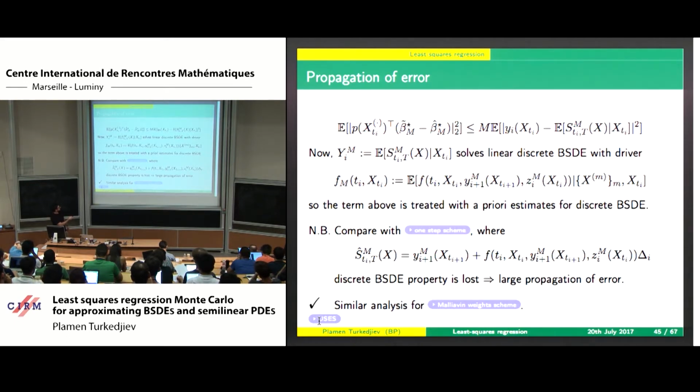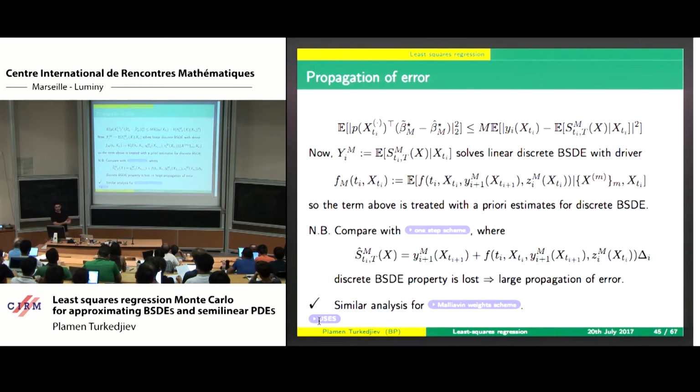But in fact, what we can say about this conditional expectation here is that it is the solution of a discrete time BSDE, which has exactly the same terminal value as y, but whose driver is just a function of t and x given by the conditional expectation of the driver and the functions y_m and z_m.